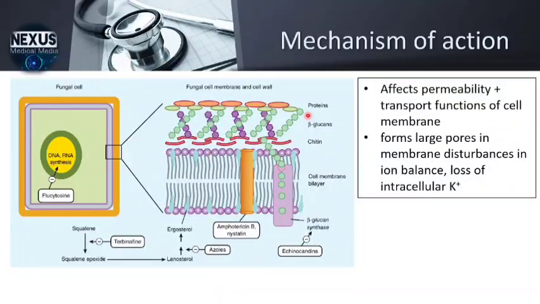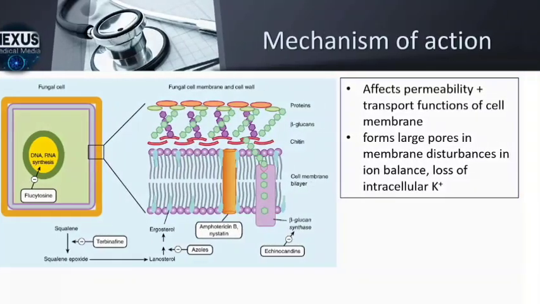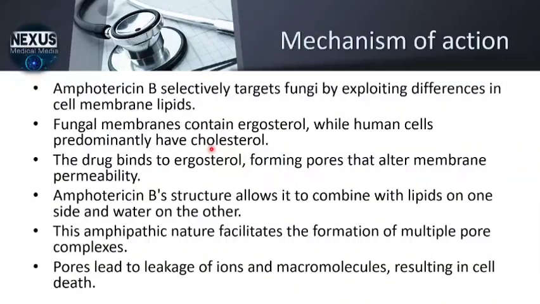This will affect permeability and transport function of the cell, right? As I mentioned, it forms large pores in the membrane, which will cause ion imbalance and loss of intracellular potassium from the fungal cell, right? So that's the mechanism.